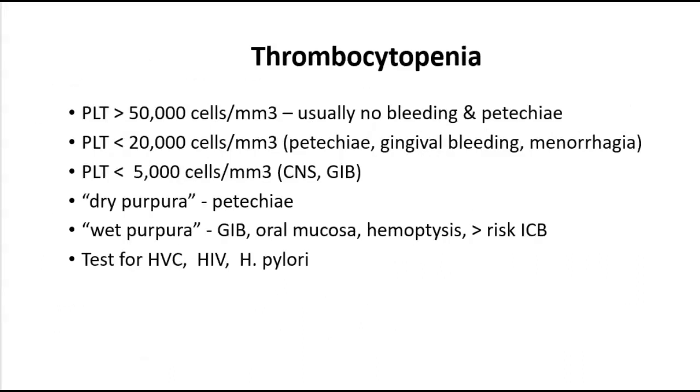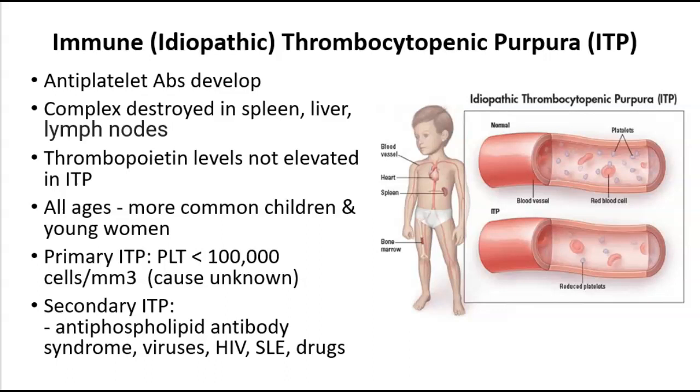We're going to go into some of the platelet disorders, and we'll just pause here to once again look at thrombocytopenia. So one of the important ones is what we call ITP, so immune or idiopathic thrombocytopenic purpura.